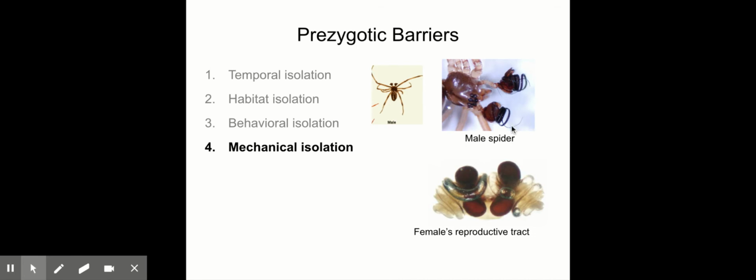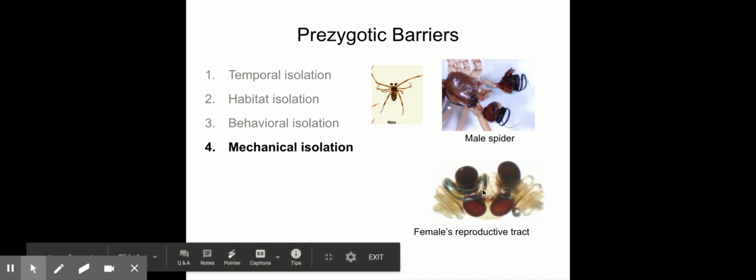Here's an up-close view of the male's pedipalps. Look at how highly convoluted it is, with twists and turns and flips. These pedipalps have a very specific 3-dimensional structure, and that structure needs to fit into the female's reproductive tract when they mate.